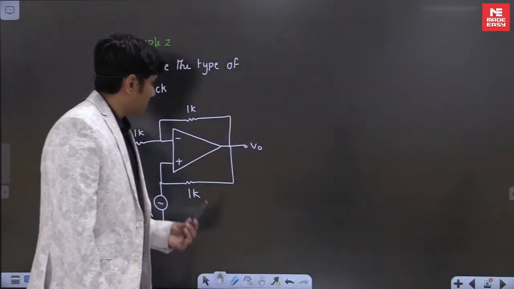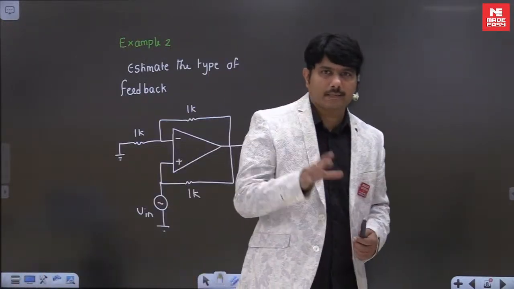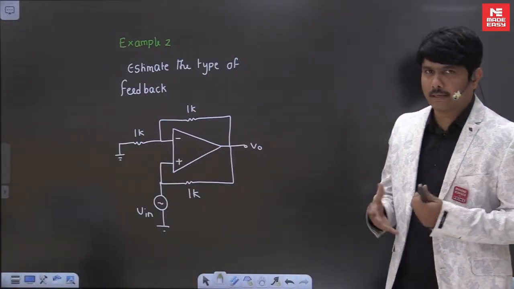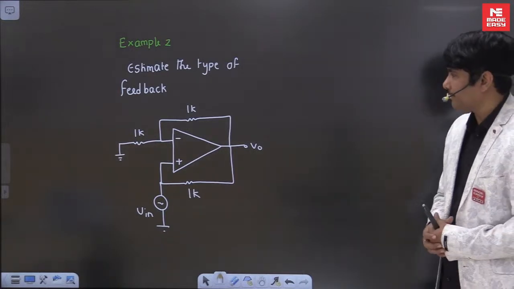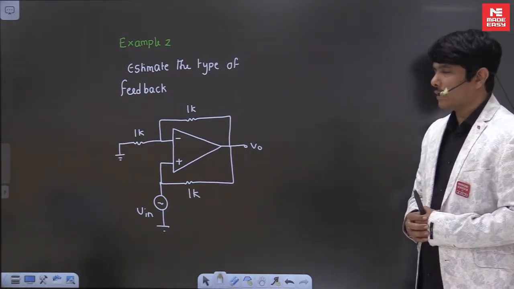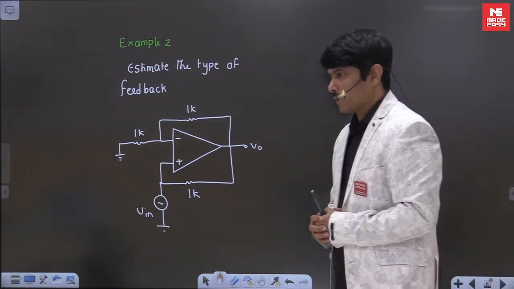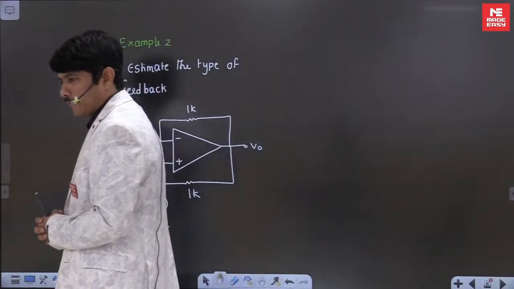Can you see this circuit? Without me telling first, can you finish it off? Only 30 seconds you have, and the other 30 seconds I'll utilize to find the answer. Can you confirm what type of feedback this circuit has?